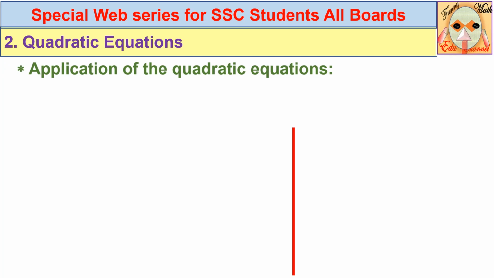Now the last topic, a very important topic: application of quadratic equation, verbal problems. Student, you know that when we study any one topic, its application is very important. Applications may differ in different fields. By considering quadratic equations in our mind, we can solve daily life problems using them.